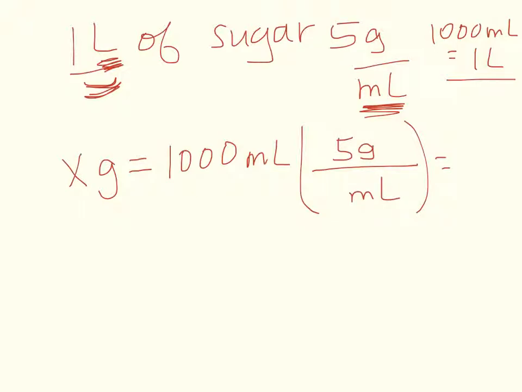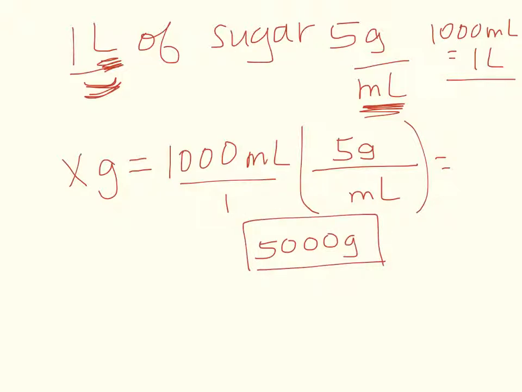So this would be 5,000 grams is what it would take to make this solution. And that's too much. 5,000 grams is a lot of sugar. There's no way that would go into a liter. So I went over the top again. You wouldn't do that in real life, but that's a good example of how you would practice.